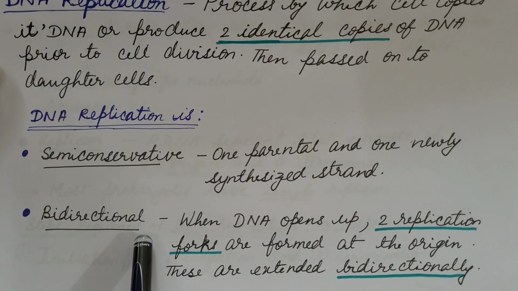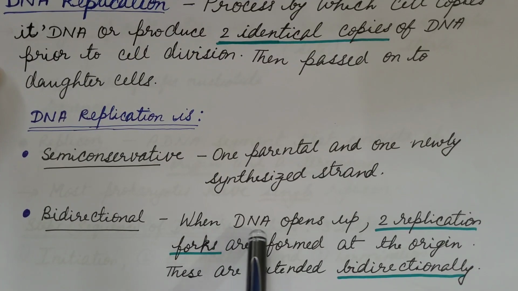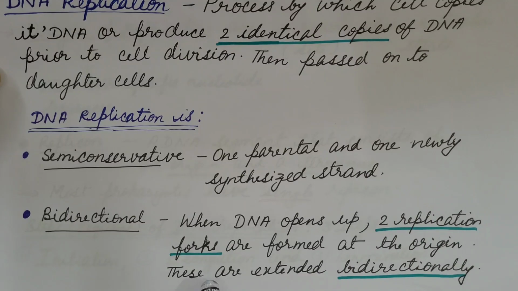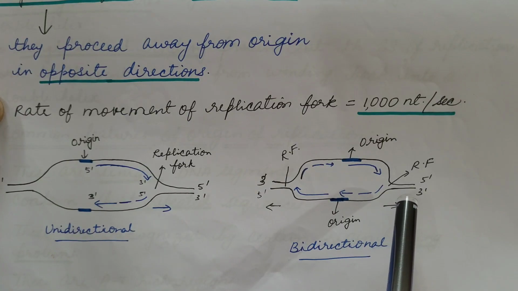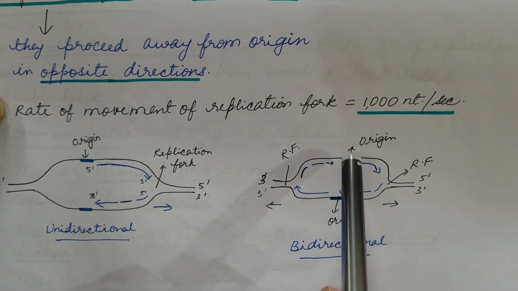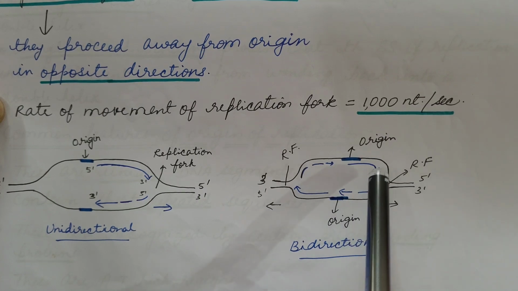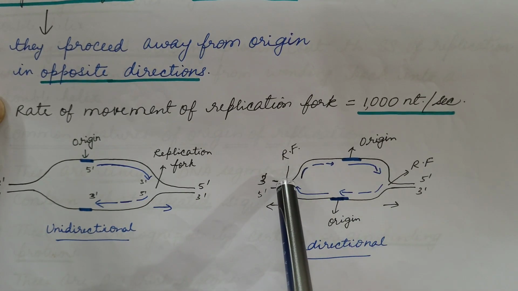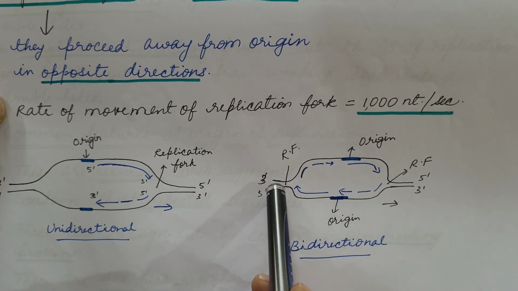Also, DNA replication is bidirectional. When DNA opens up, two replication forks are formed at the origin. These are then extended bidirectionally. So let us understand it in this figure. This is the origin of replication. Two strands of DNA separate. A replication bubble is formed and there are two replication forks, 1 and 2.